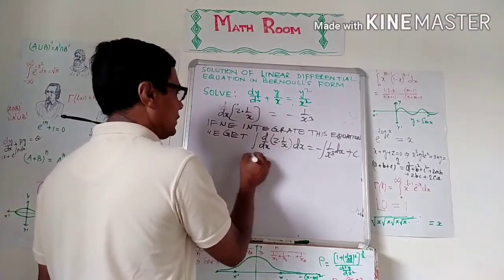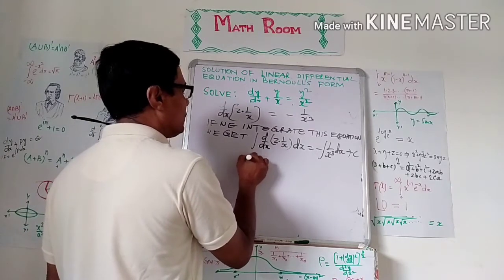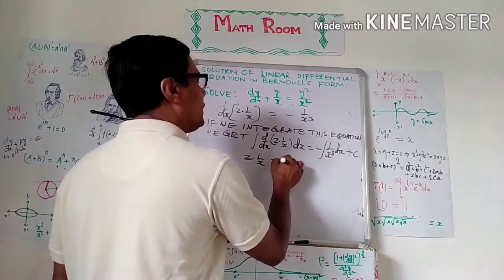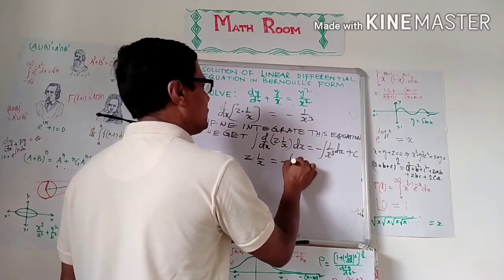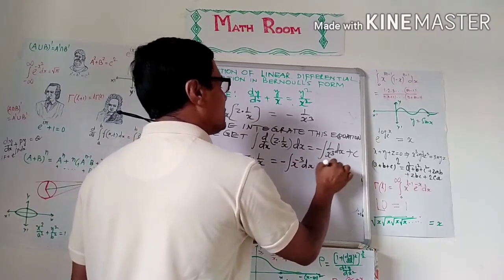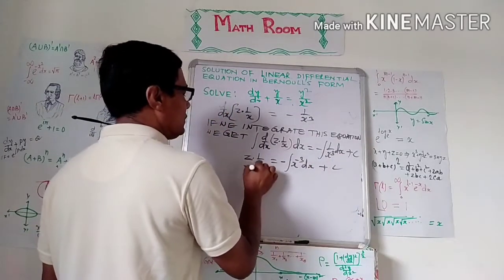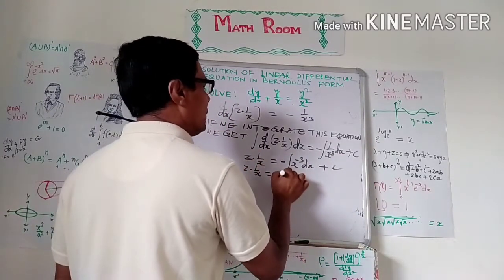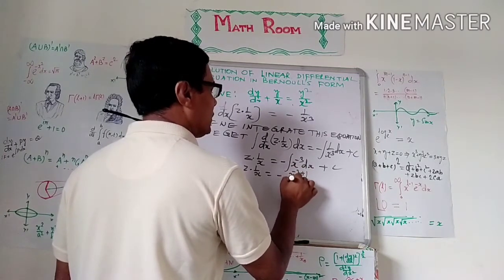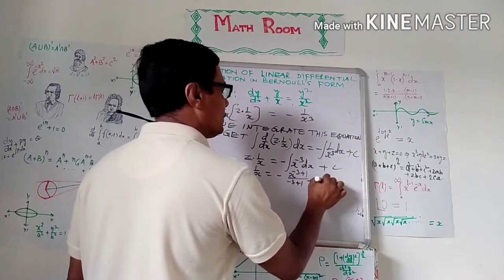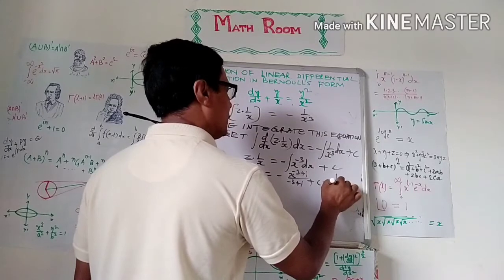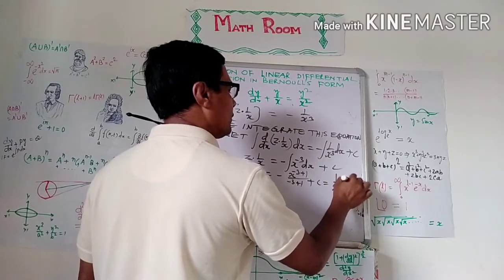After integration, we get z into 1 by x equal to minus the integral of x to the power minus 3 dx plus c. So z into 1 by x equal to minus x to the power minus 3 plus 1 over minus 3 plus 1, plus c, which is 1 by 2x square plus c.